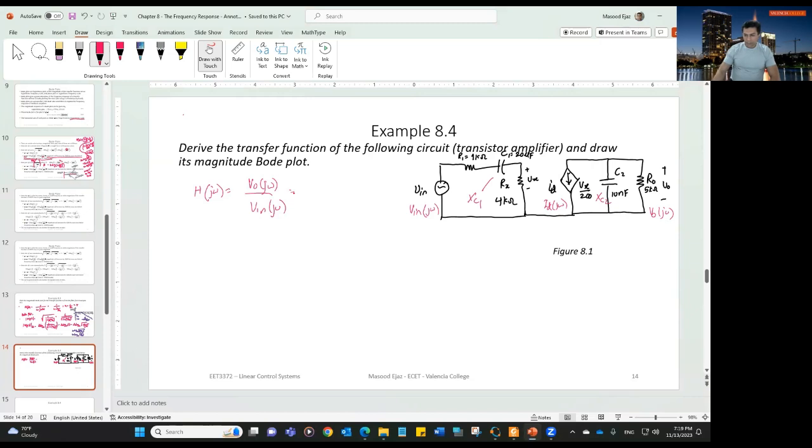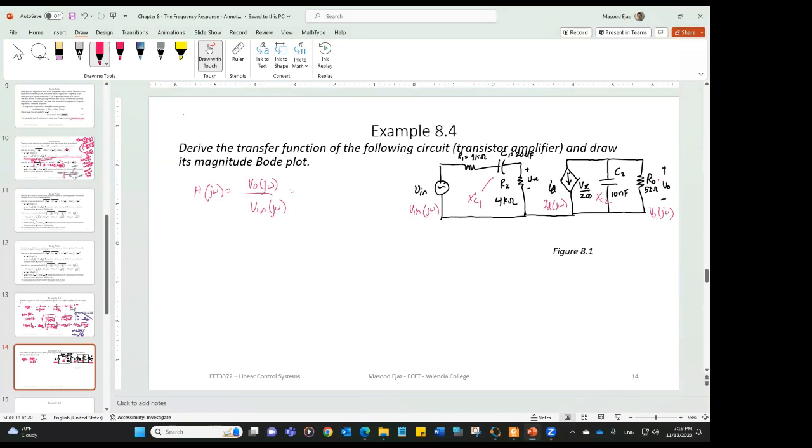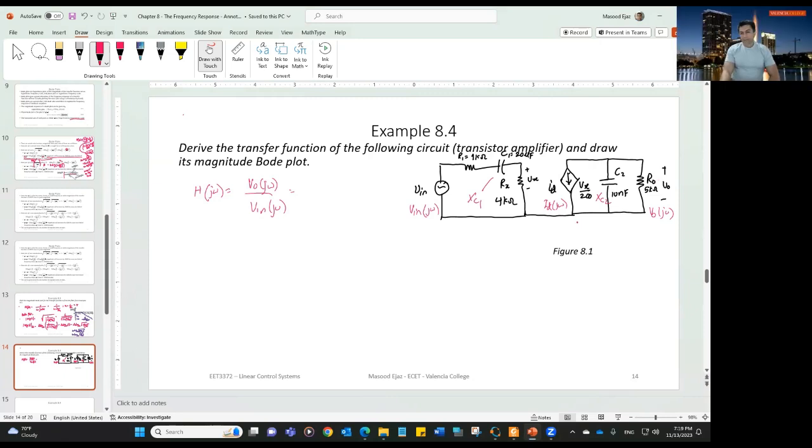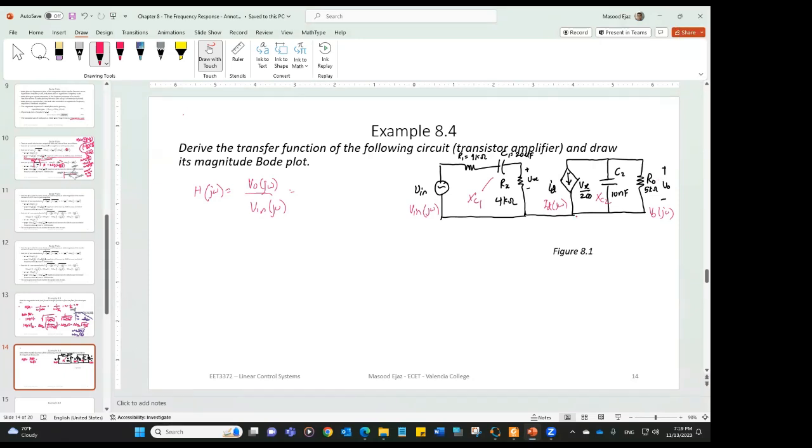How am I going to do that? Look at the output. How can I calculate this output? Don't we need to find the dependence, or the Vx, first? Well, yes, we do. On the left side of the circuit, you have a series, so you can use the voltage divider to find Vx.